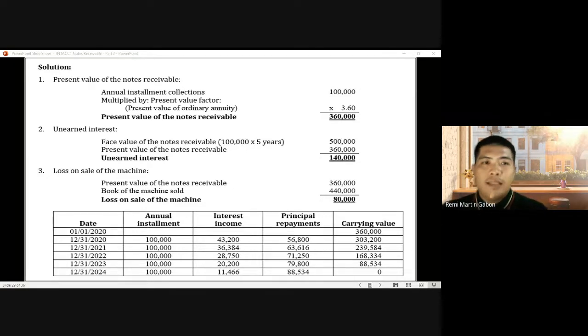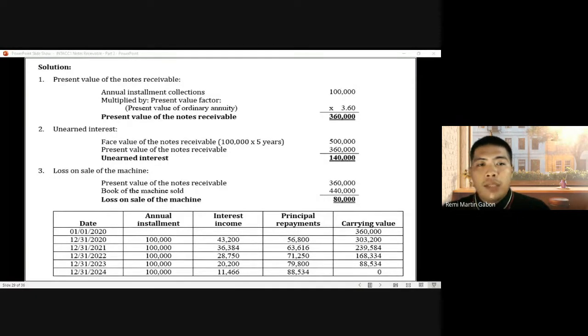So for the annual installment collections, we have 100,000. Then from 360,000, times 12%, we have 43,200.